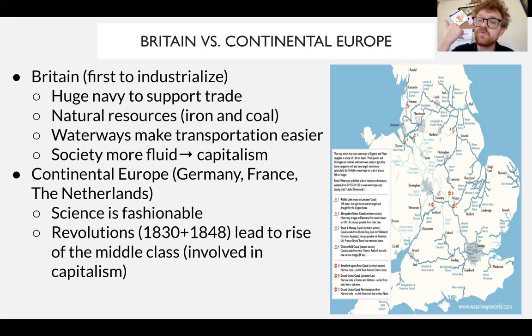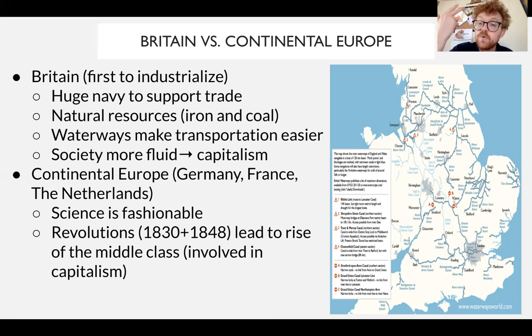You also have a lot of resources even within Great Britain. You have a lot of coal. You have a lot of iron. You need coal for fuel. You need iron for machines. So again, relating to land, but also to capital. And on top of that, transportation is really easy in Great Britain, especially because of the plentiful amount of waterways.